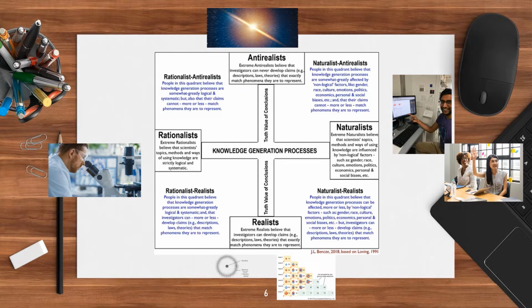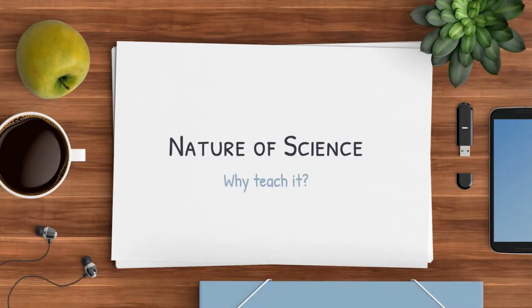Whereas naturalists believe that scientists' and engineers' topics and methods are often influenced by personal, social, economic, gender, racial, and cultural factors, meaning an experiment or a study will be influenced by non-logical factors. So although this is a grid developed to describe the nature of science, there may be implications for other STEM fields. Now let's move on to explore why we should teach nature of science in our classrooms.